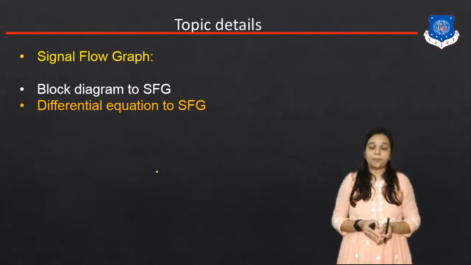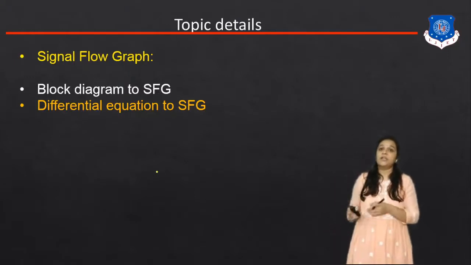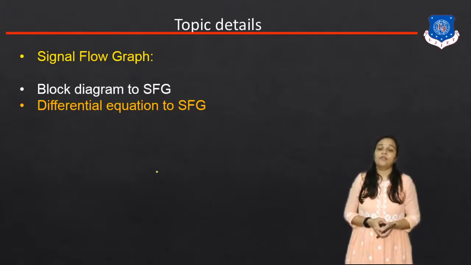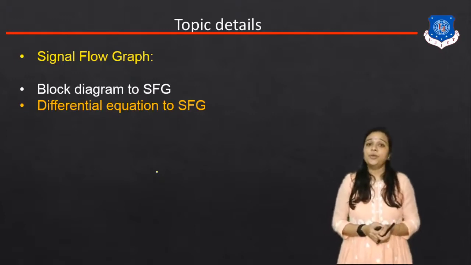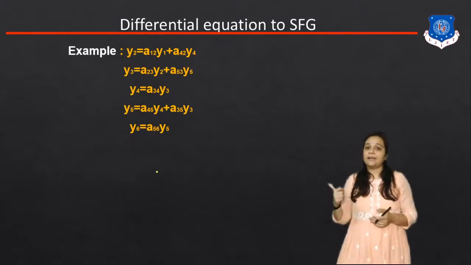In the exam, if they ask you to find this differential equation using the signal flow graph, then you have to use this method. The example will be given in this manner.